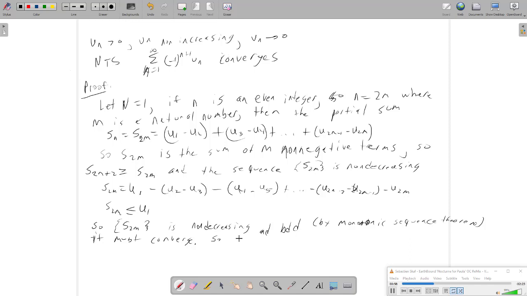So the limit as m goes to infinity of s sub 2m equals some limit L. So that takes care of the sequence of even partial sums.